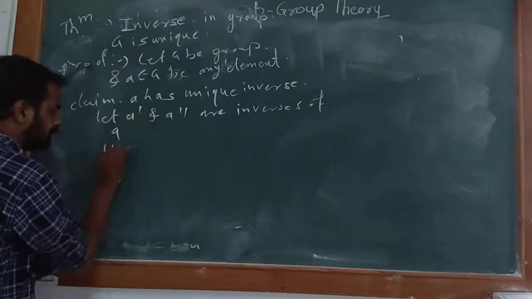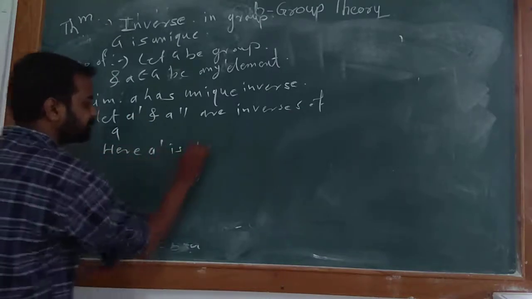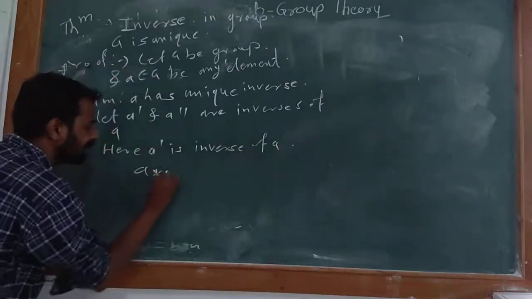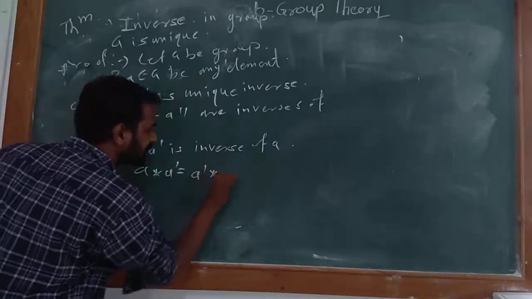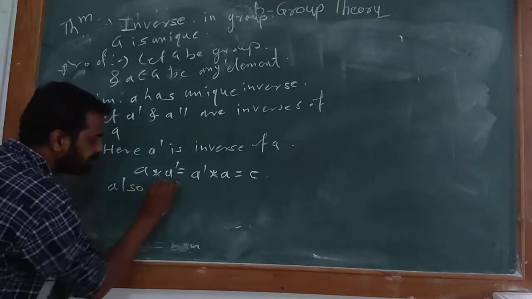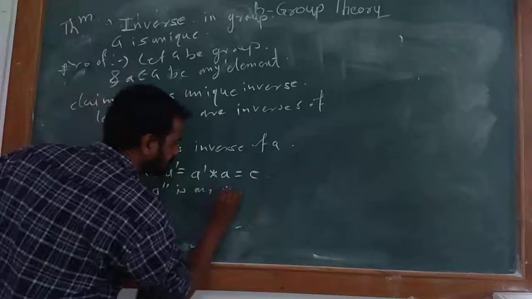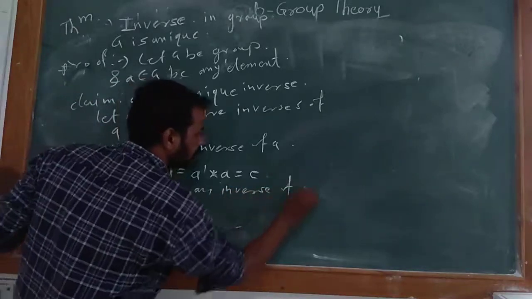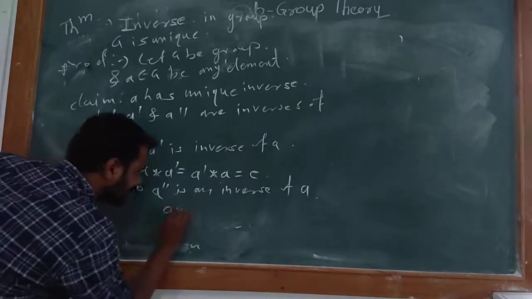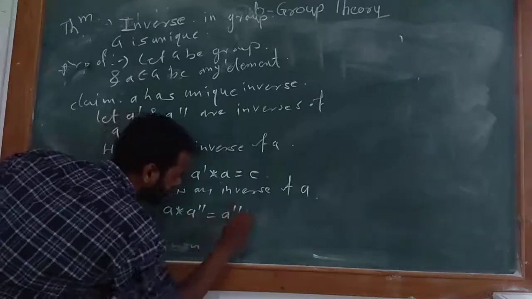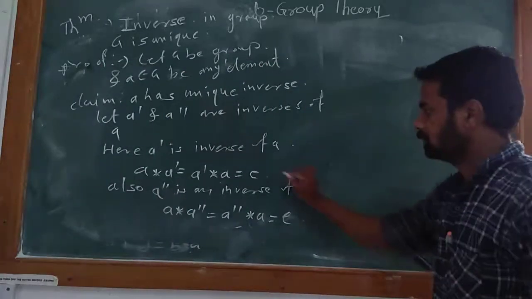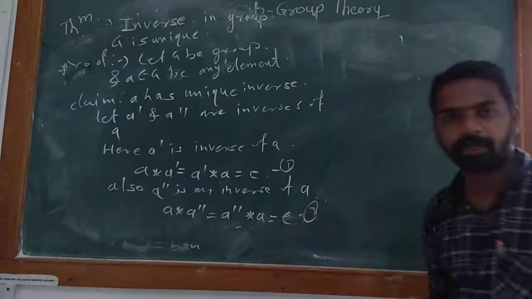Here A dash is an inverse of A, so by definition of inverse, A star A dash is equal to A dash star A is equal to identity. Also A double dash is also an inverse of A. Therefore, we get A star A double dash is equal to A double dash star A is equal to identity.